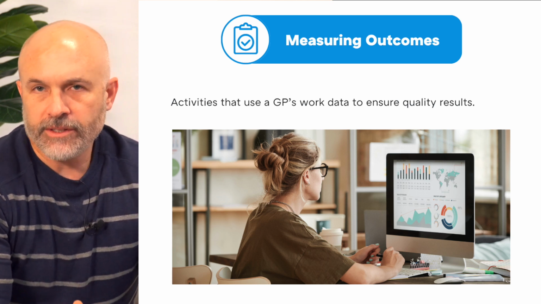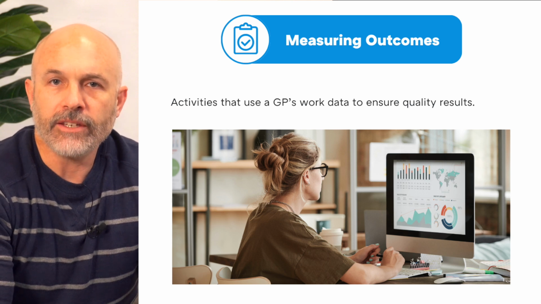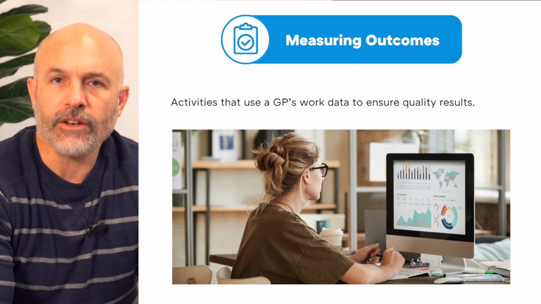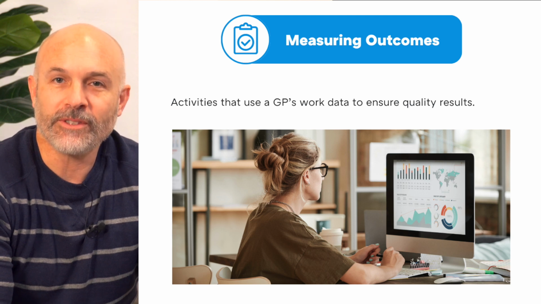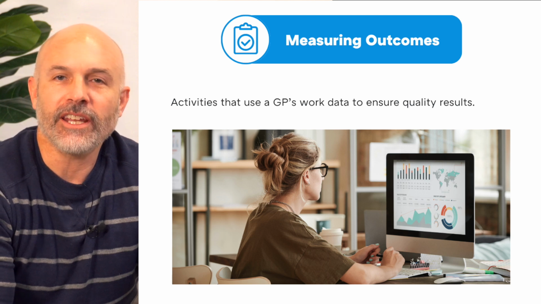And this then brings us to measuring outcomes, the third and final, and in some ways the most involved category for a doctor to then complete their CPD requirements. Some peak bodies and CPD homes will call this outcomes measurement, but measuring outcomes is the more common definition here.